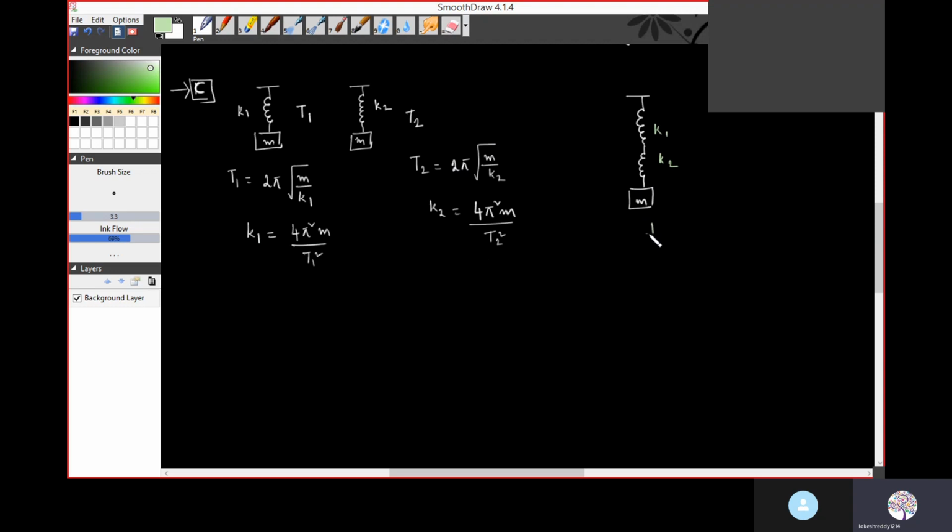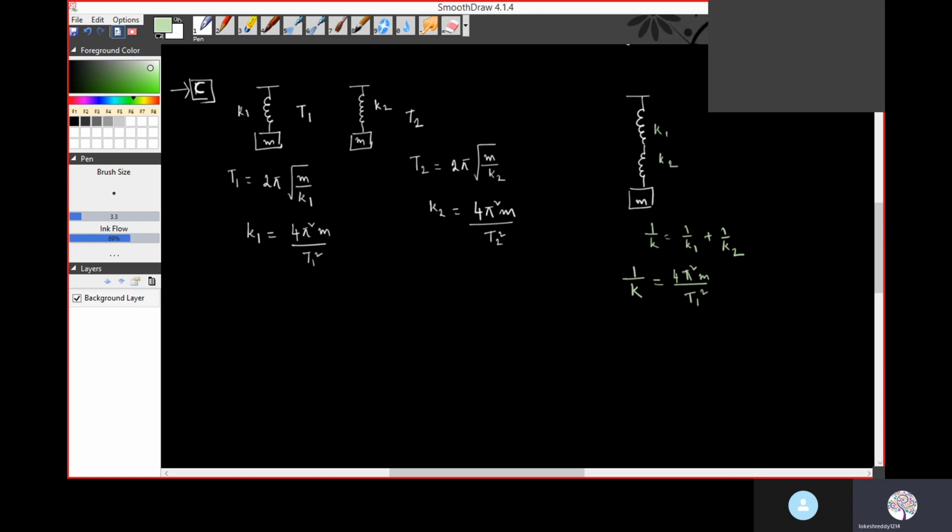We know that in series combination, 1 by K is equal to 1 by K1 plus 1 by K2. Now if you just substitute, 1 by K is equal to 1 by K1, where K1 is 4 pi square M by T1 square.